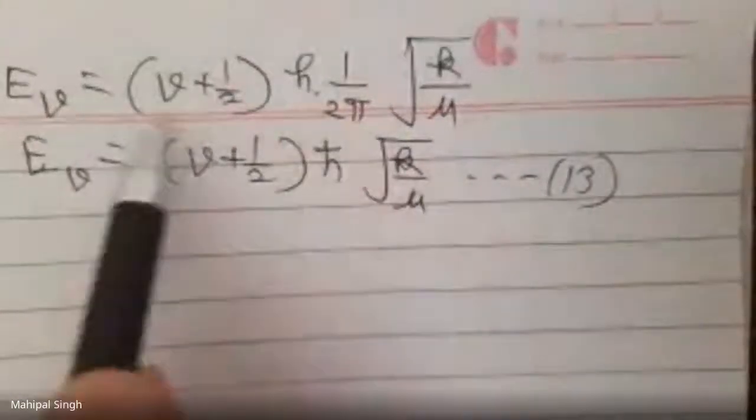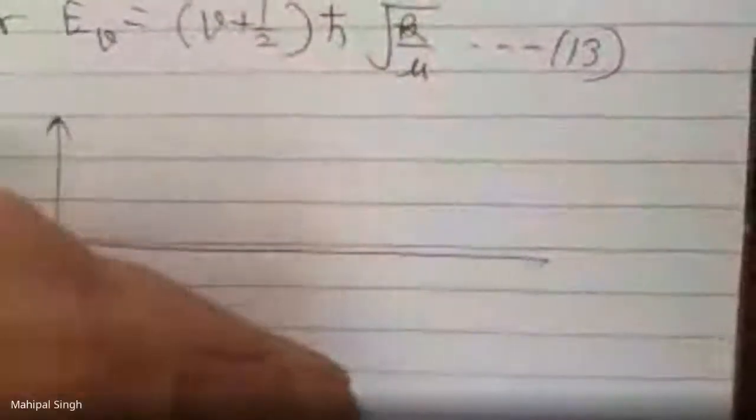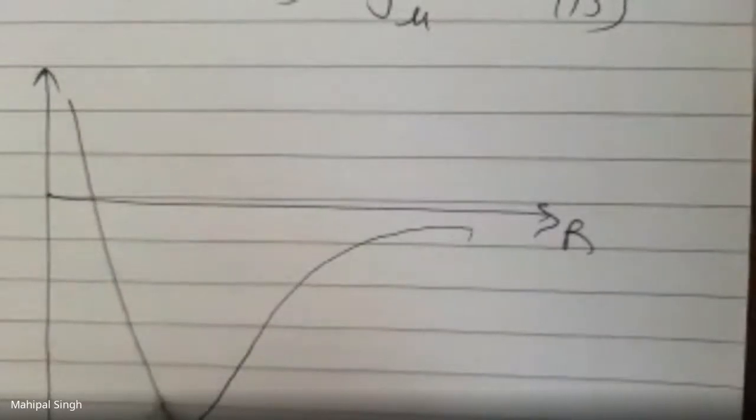These are energy levels, and we can sketch these levels on paper, on a graph. Let us discuss these levels. On the y-axis is the potential energy V, this is the distance, and the curve is of this form. We can draw different levels.